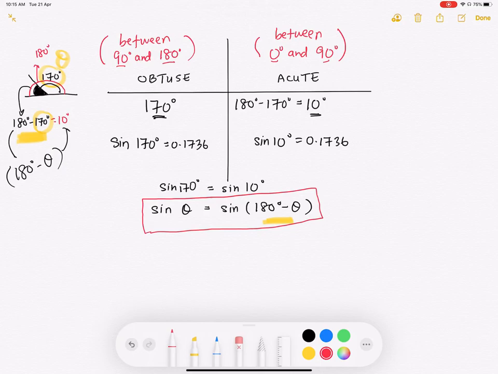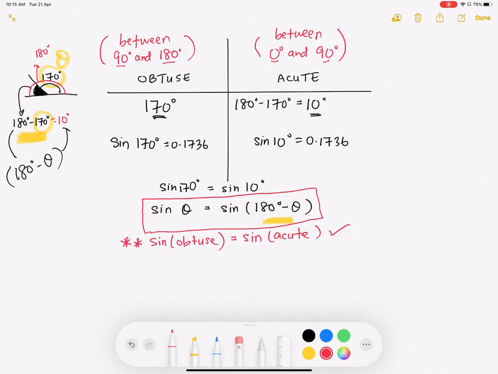But I want you to take note here by observation that the sine of obtuse angle is equal to the sine of acute angle. So we are going to use this later on in our examples, and this is a very important observation.